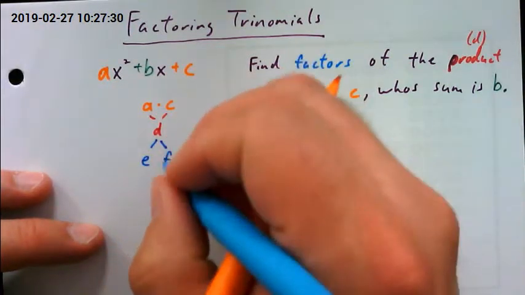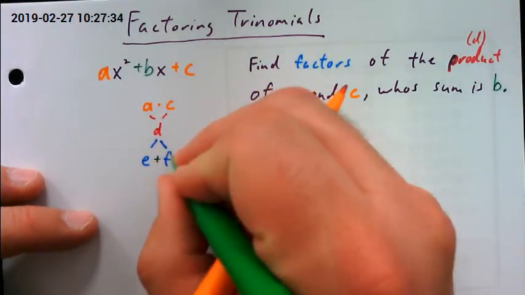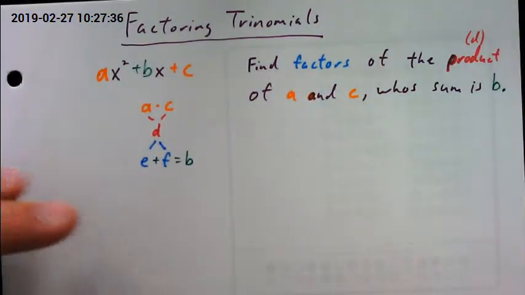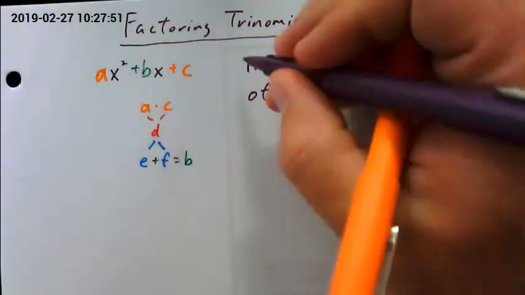I'm going to call them E and F for right now. Once you get those two factors, when you add them together, it'll give you B. That's what we have to look for in order to split the middle term, because we're finding these factors and then using them to split the middle value. So that's our first step.